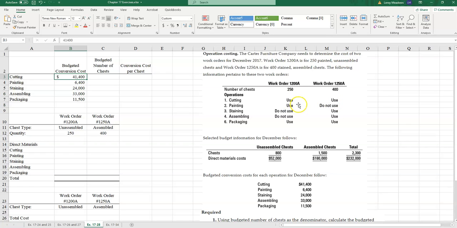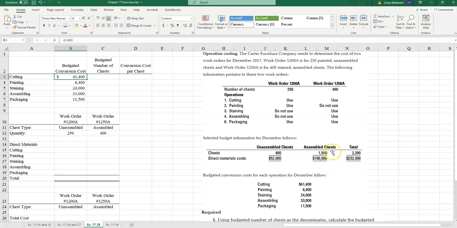Yes. So since work order 1200A is unassembled and work order 1250A is assembled, we're going to take this conversion cost for cutting and divide it by the total number of chests, because both unassembled and assembled chests require cutting.